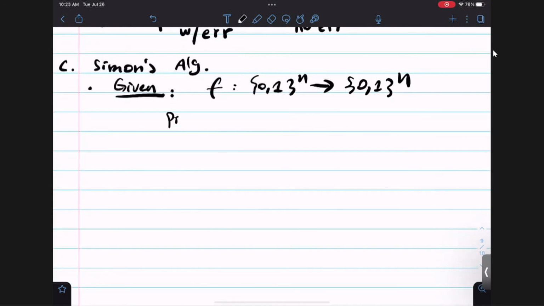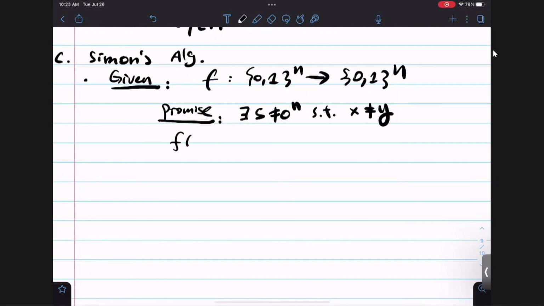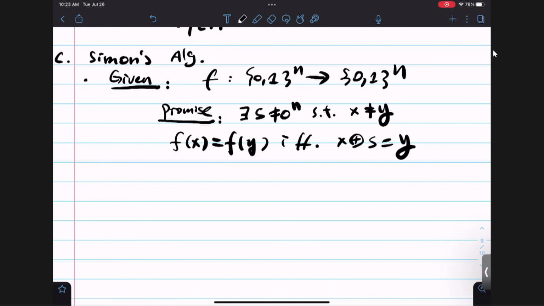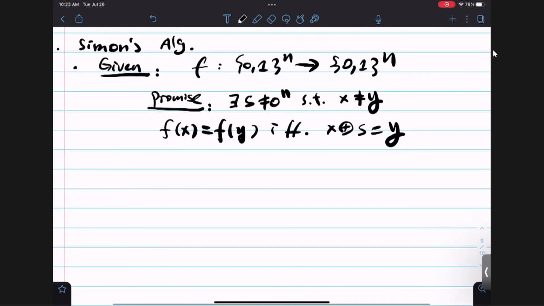And the promise here is a little bit peculiar, right? So we assume there's a secret string s, which is non-zero, such that for any inputs x and y, their function values will be the same if and only if they are shifted by s. So x XOR s is y. This is the promise on the function.